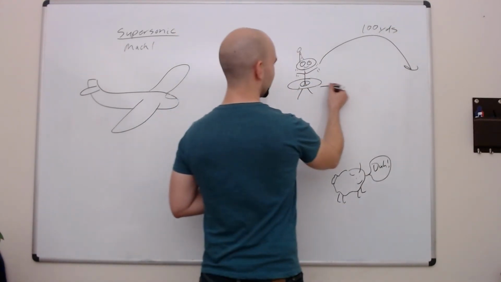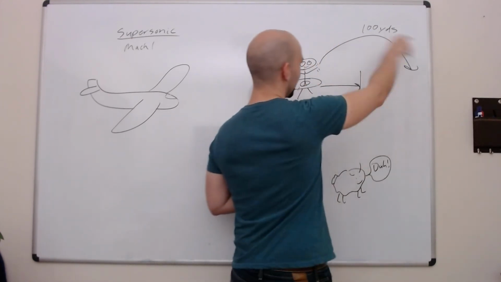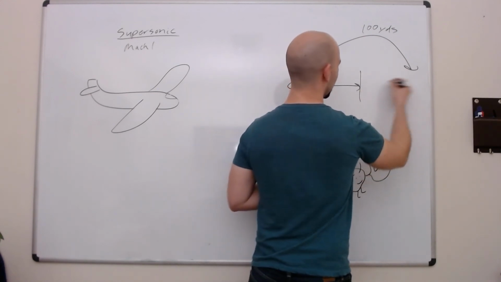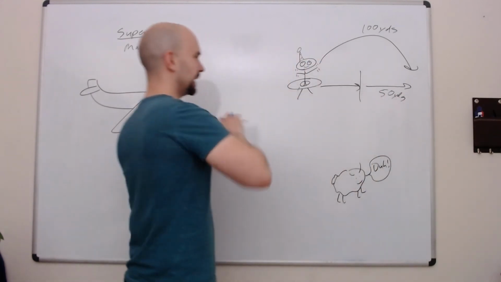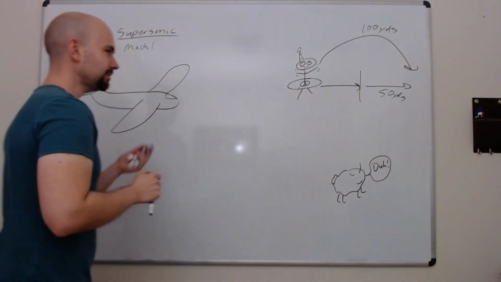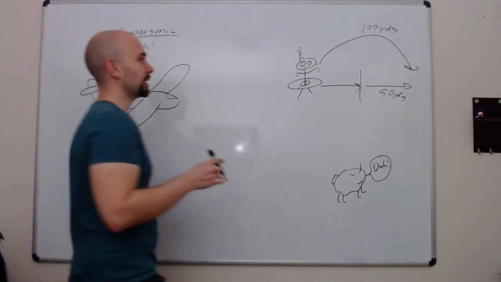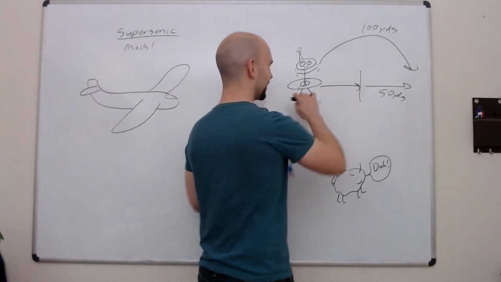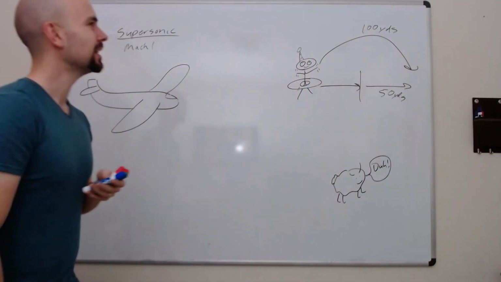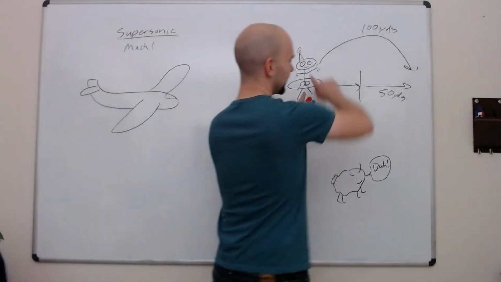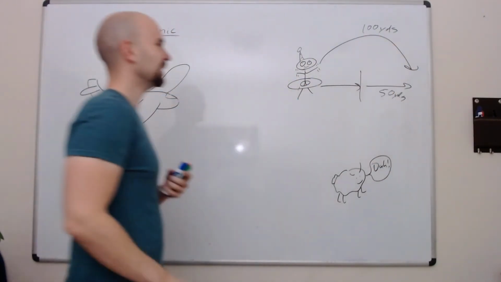But if at the same time he ran 50 yards while the ball was flying, then the relative distance between him and the ball would now be just 50 yards. So standing still, it traveled 100 yards, and then if he ran toward it, it would be 50 yards apart. So what would their relative speeds be like? If this is going 100 yards per second, and he's really fast, he's going 50 yards per second, the relative speed, if he's running, is only 50 yards. But if he's totally still and this travels 100 yards per second, then the relative speed is 100 yards per second.